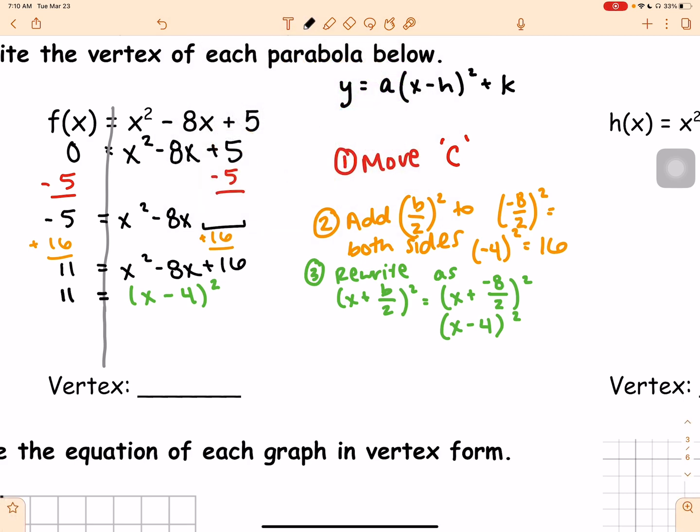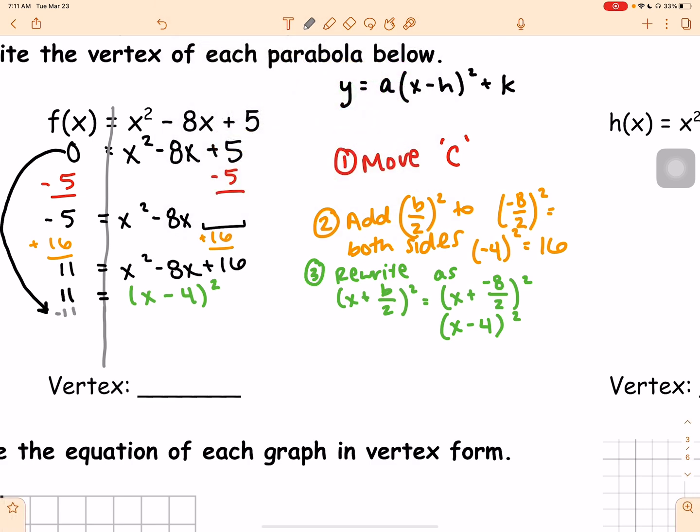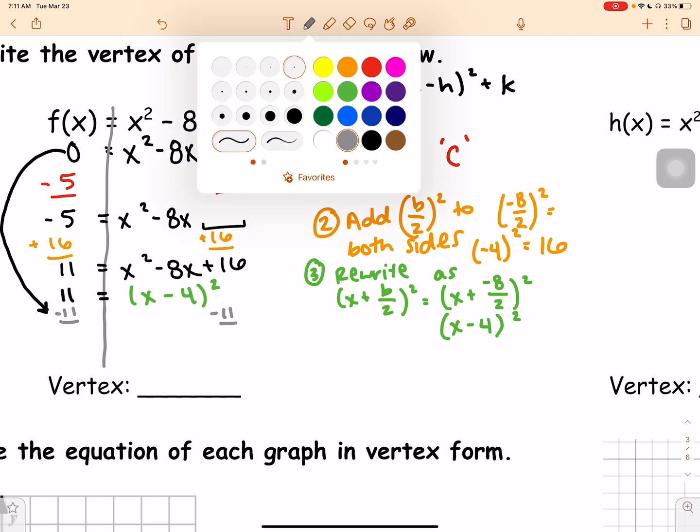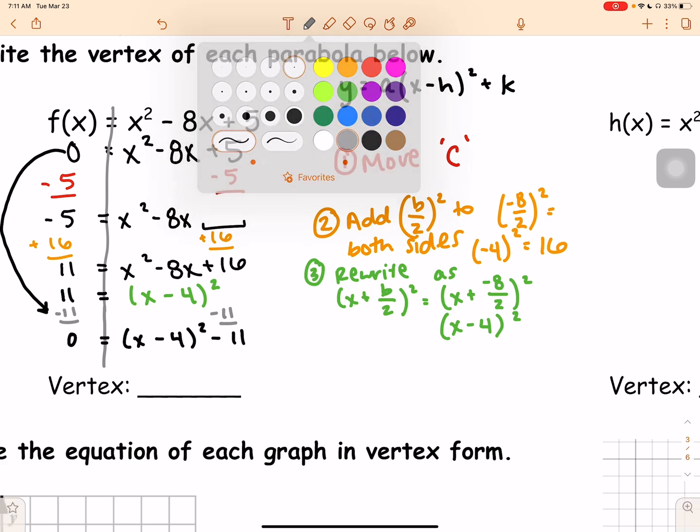Now we are so close to having it in vertex form. The only thing is up here, whenever we had the f of x, we changed it to a 0. I want that to be a 0 again. So what we are going to do is subtract this 11 back over to the side. So now we're going to end up with 0 equals x minus 4 squared minus 11. And that is our k.